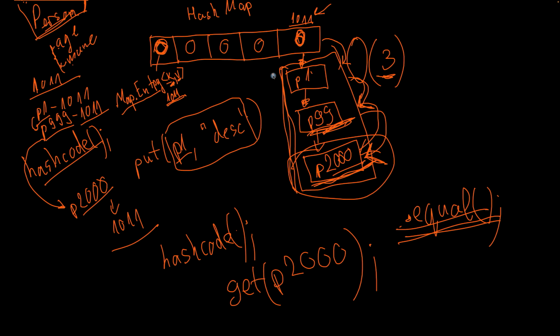By the way, in Java 8, if this linked list grows over 8 entries, we have over 8 collisions, it will create a red-black tree, if I'm not wrong.